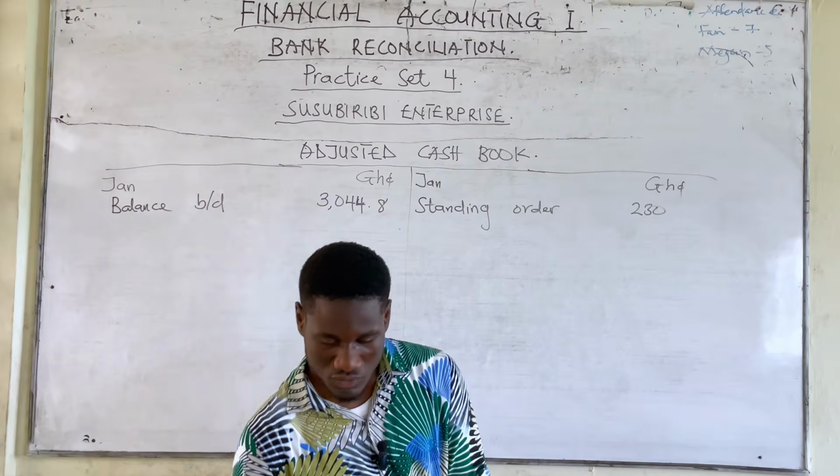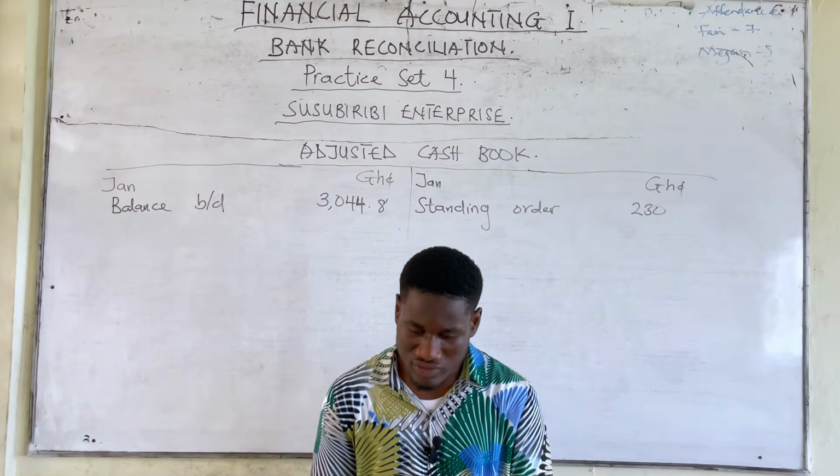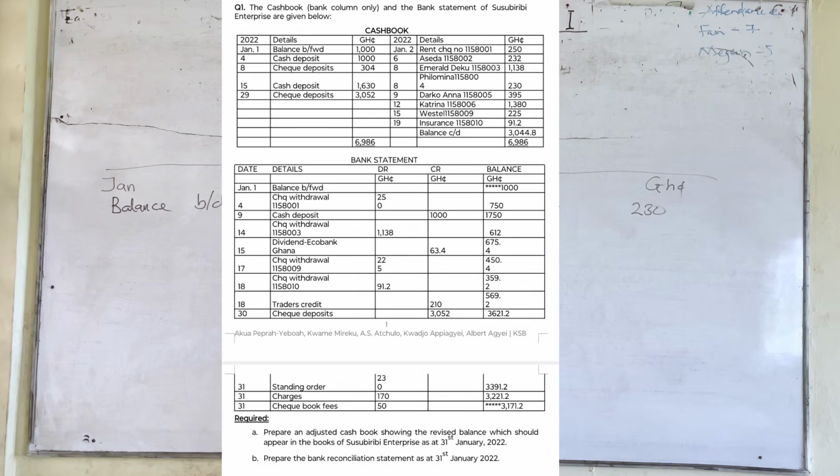Good. So we move on to the debit side and check the items at the debit side of the bank statement, but not on the credit side of the cash book. Do you get it? Good. So we move on. We see that there is charges, 170 bank charges. Good.